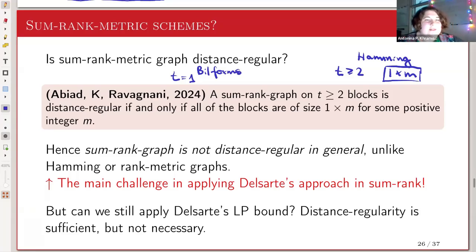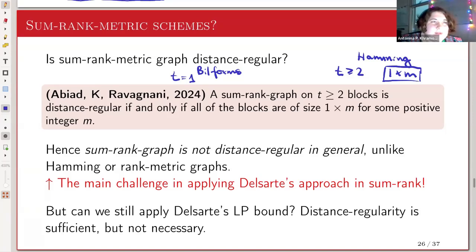These two cases were also covered by Delsarte himself, so it is not very interesting to apply the bound to those families because it has been done already. We are interested in what is happening in between. So the main challenge here is how to do that when we don't have a distance regular graph.